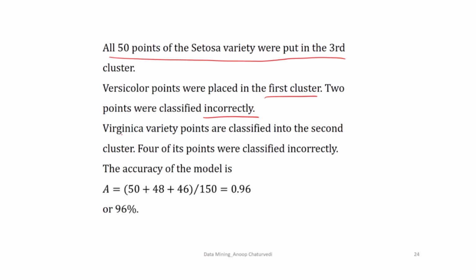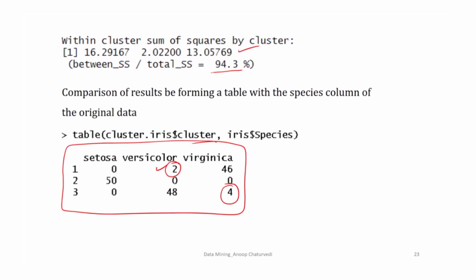Then Virginica variety points are classified into the 2nd cluster, and in the Virginica variety 4 of the points were classified incorrectly. So, 46 points are correctly classified and 4 points are incorrectly classified.